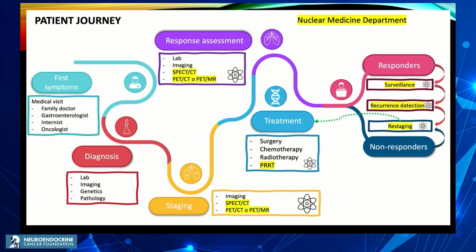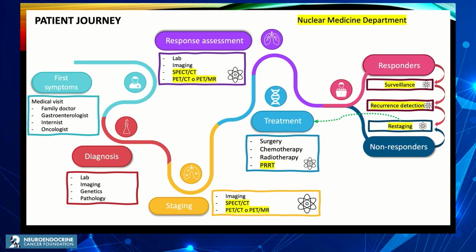This is an example of a patient journey, and I only want to highlight the importance of knowing where the nuclear medicine department is when somebody has a neuroendocrine tumor, because after the first symptoms and diagnosis, all the further steps will be in contact with the nuclear medicine physicians, at the beginning for staging and grading, to say if the patient has enough somatostatin receptors for treatment or not.